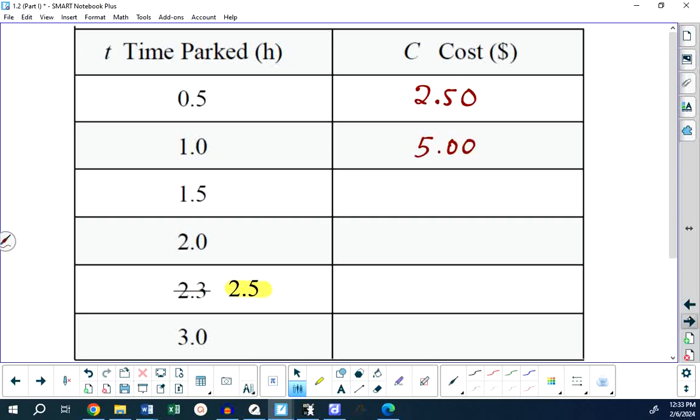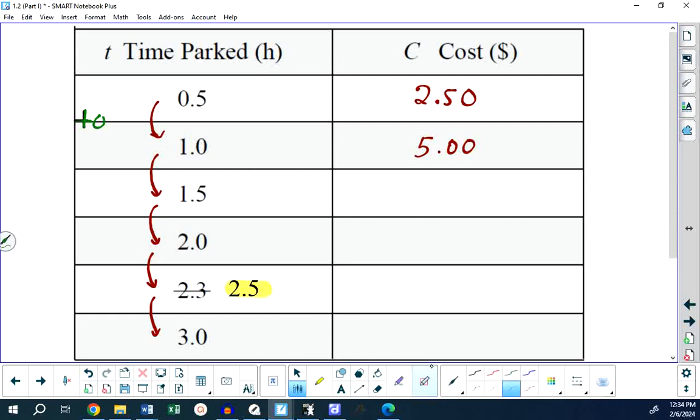And we're back to that thing that on the very first day when we talked about that cookie recipe and the number of cookies and the amount of flour, that if you set your table up so that this independent variable is always going up by the same amount, then your dependent variable will always go up by the same amount.